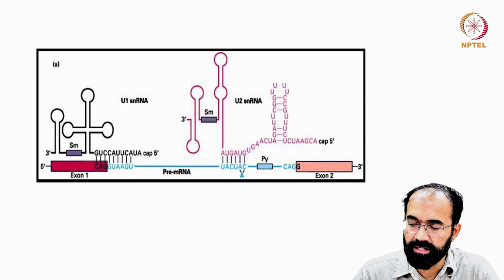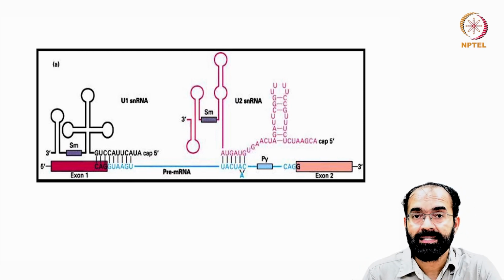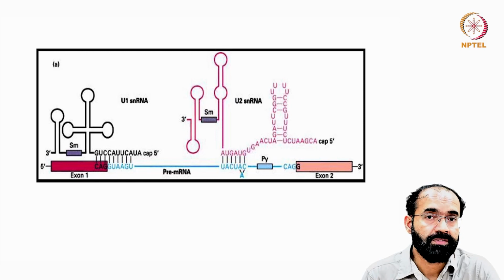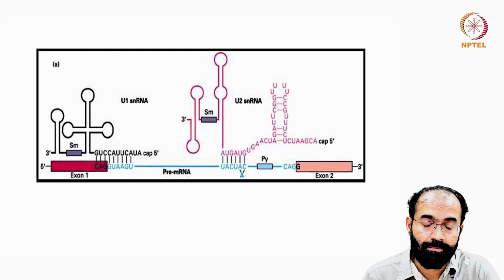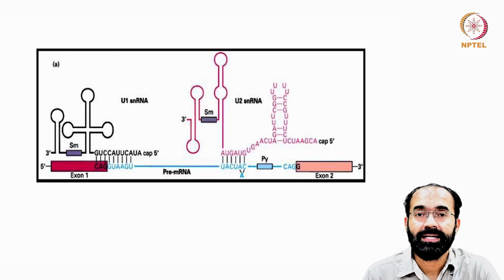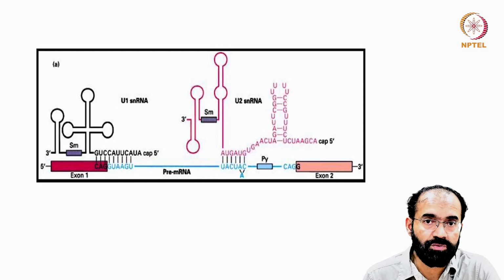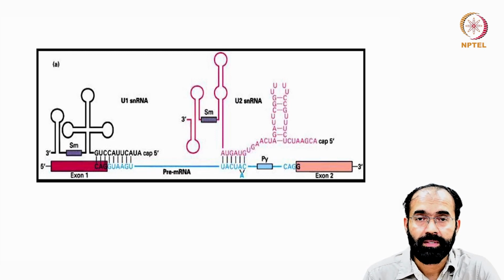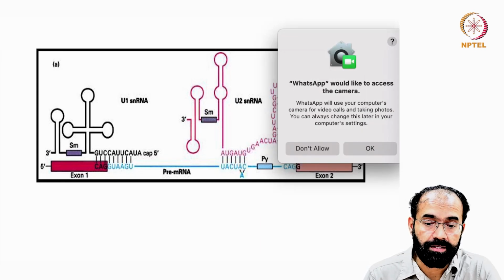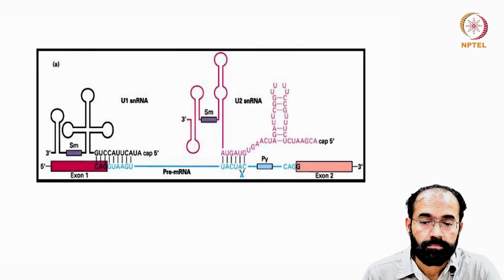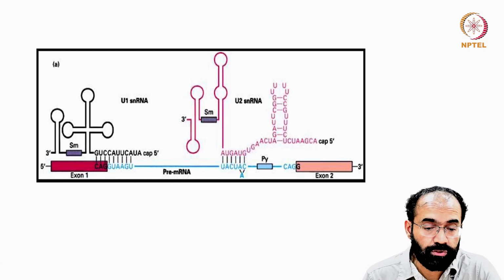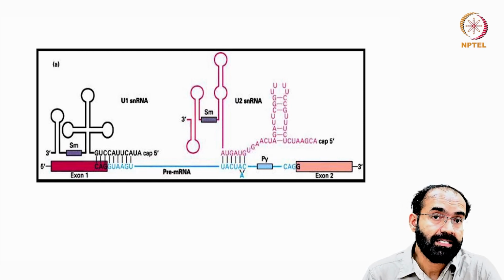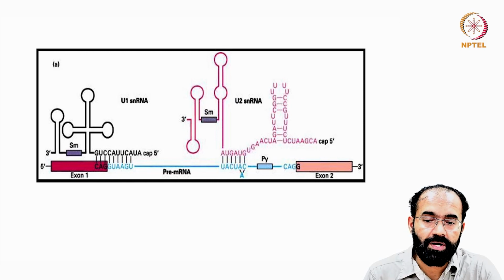What is important here: you may remember in group 1 and group 2 self splicing introns, which you studied in the ribozyme part, one of them recruited an exogenous guanosine, and in the other, group 2, it had a branch point that was associated with the splicing event.